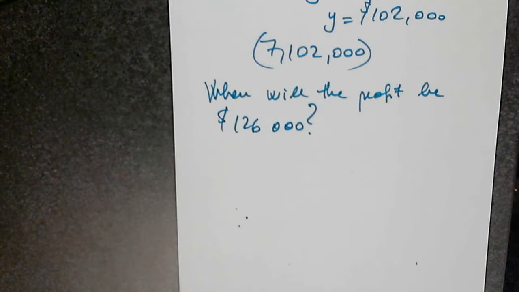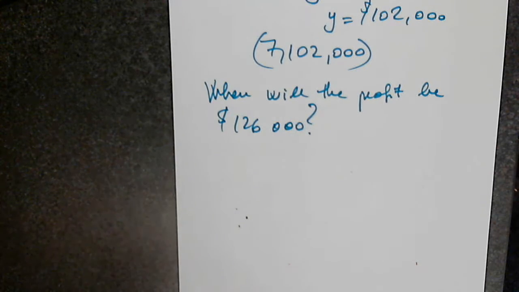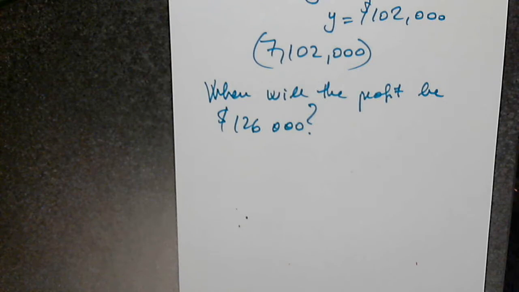I'm adding the third question to the problem. This third question is not here in the book. I'm putting it in. When will the profit be 126,000? How do I determine that?